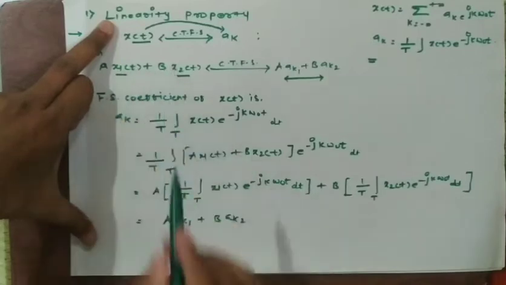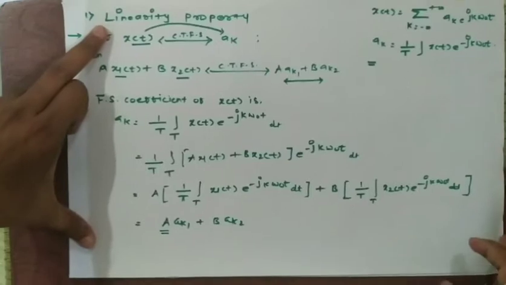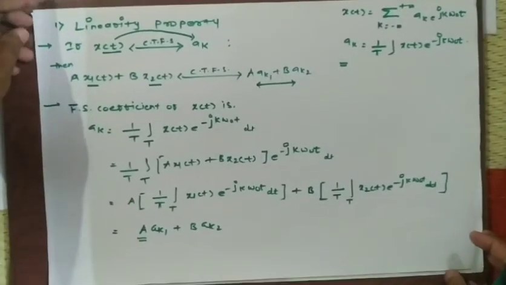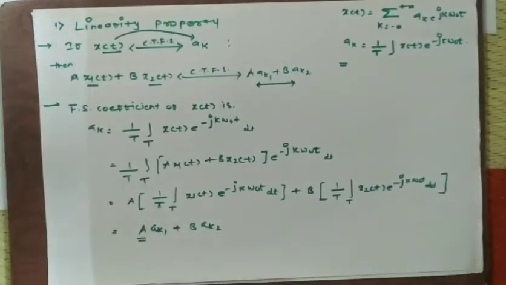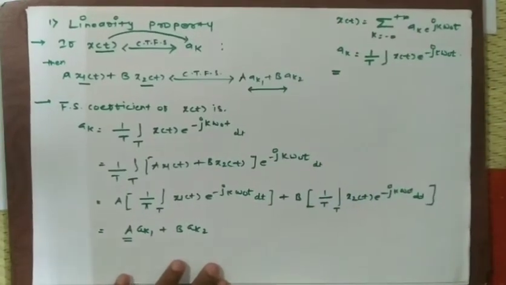The weighted sum of inputs is equal to the output due to the weighted sum of input terms. Remember friends, the same technique we are going to use for Fourier transforms, Laplace transform as well as for Z transform. Only the formulas are going to be changed.